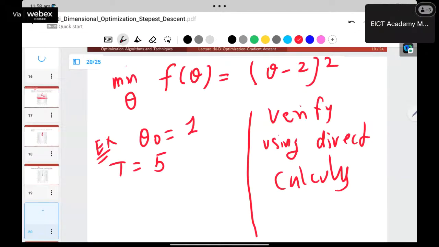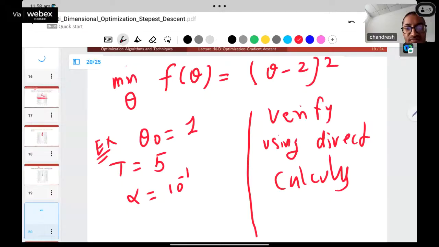Sir, is there any value of the learning rate? Yes, I forgot to give the learning rate. You can choose alpha as 10 to the power minus 1, 0.1.